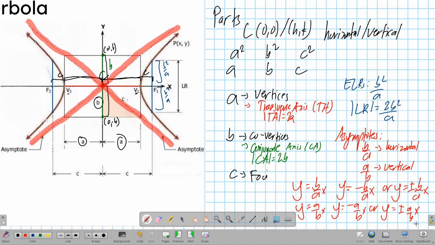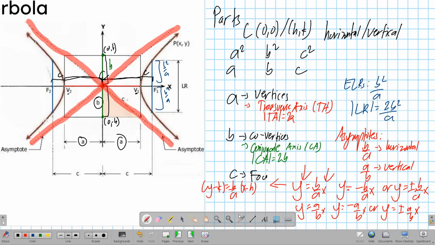Once the center is not at (0, 0) but at (h, k), then y and x will have that k and h. So for example, this becomes y minus k equals b over a times x minus h, which we can show later in other parts of the slide.